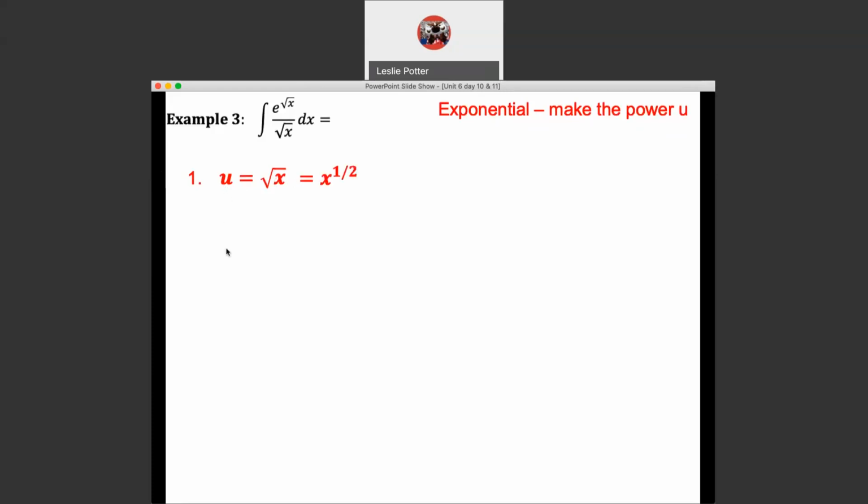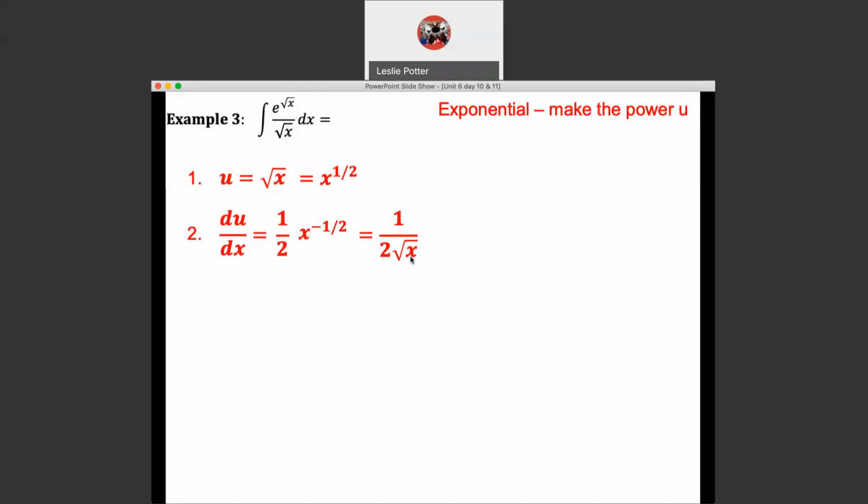This is x to the half power. We bring down the half, we reduce the power by 1, and if we rewrite this, we end up with a square root in the denominator. So that is exactly what we have here. So this is actually the derivative, and this is actually the function. This derivative form here is because we have a 1 in the numerator and a root x in the denominator.